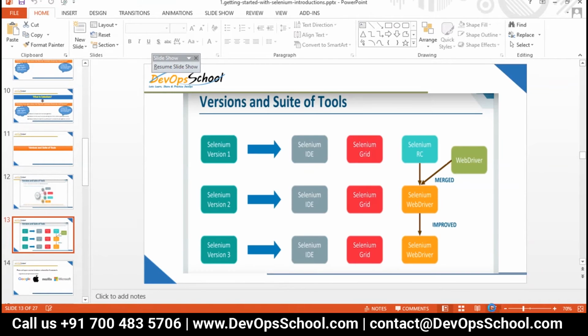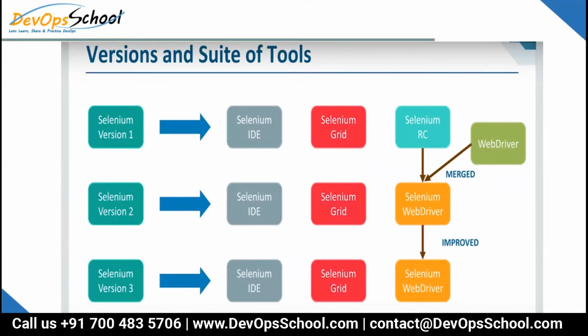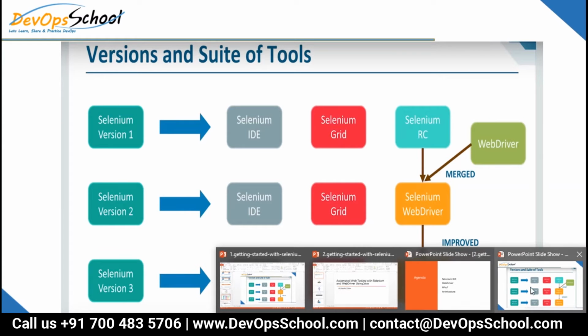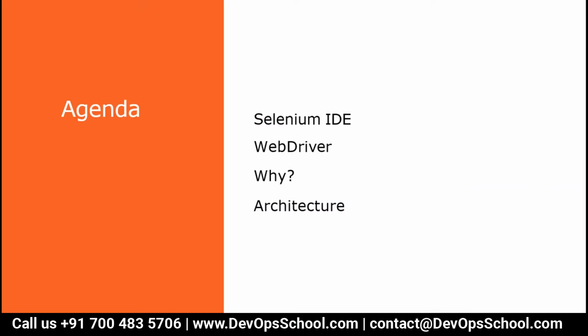Look at this. Here you have IDE, then the second one is Grid, and the third one is Selenium WebDriver. So right now I'm discussing the IDE. What is Selenium IDE? That is what I'm going to discuss now.